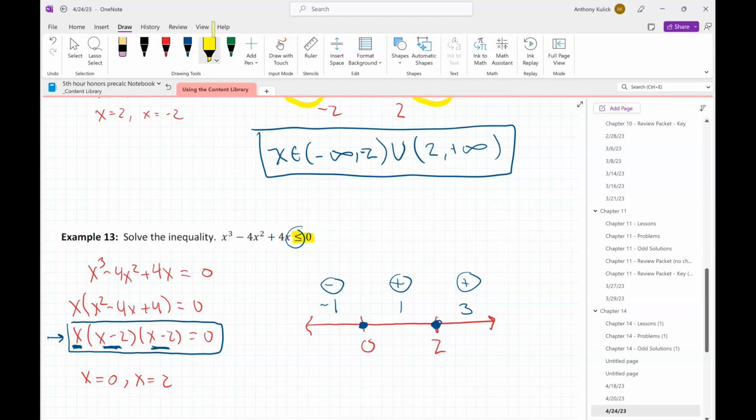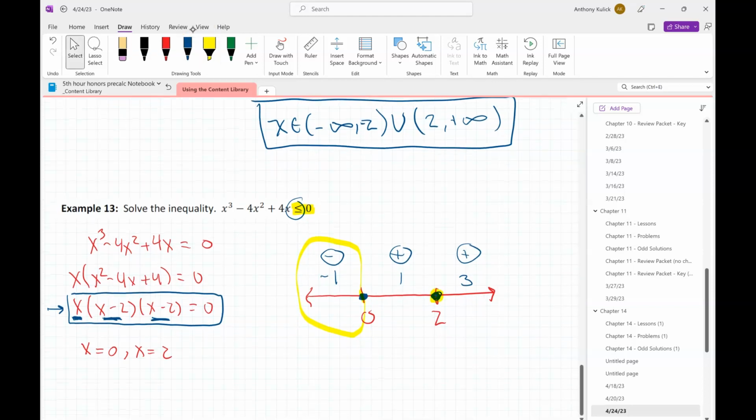Since I have less than or equal to 0, what part gives me my solution? The negative part, right? So I want here and something else. 2, right? Because that is equal to 0 also.